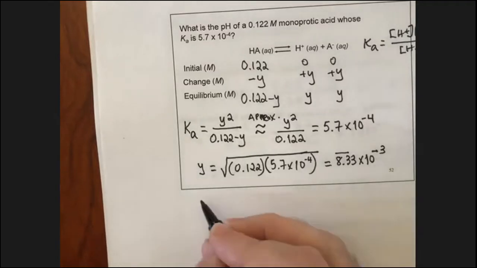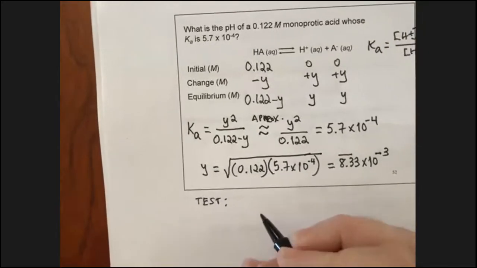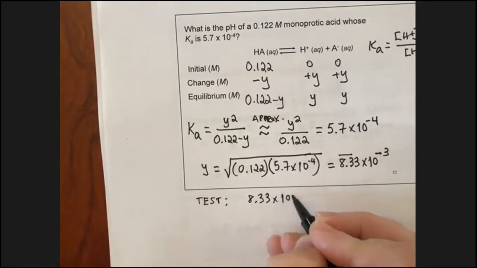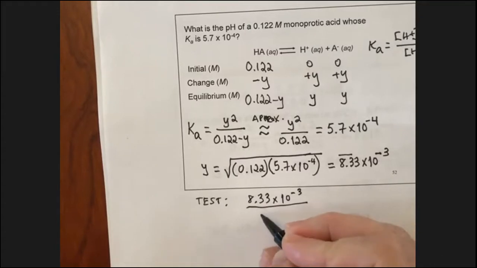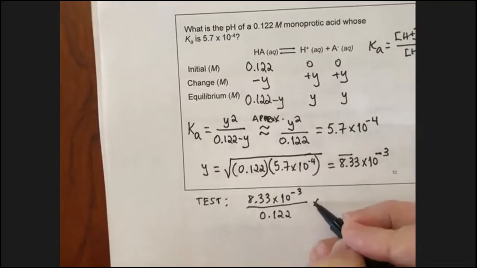So let's test the approximation. We're going to see if the result we got for this unknown here is less than 5% of the initial molarity of the acid.